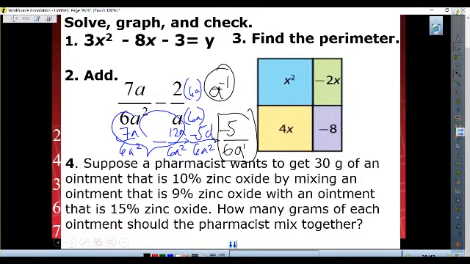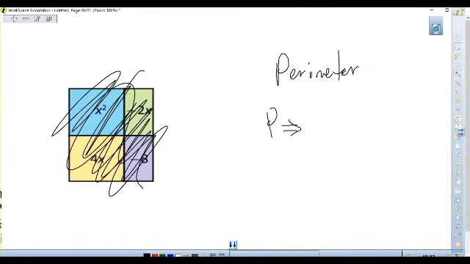Find the perimeter. Before I move on through this part, talk it over with your neighbor, let them know how do we find the perimeter of any figure. You add all the sides. Yeah. So it's 2 plus 2.